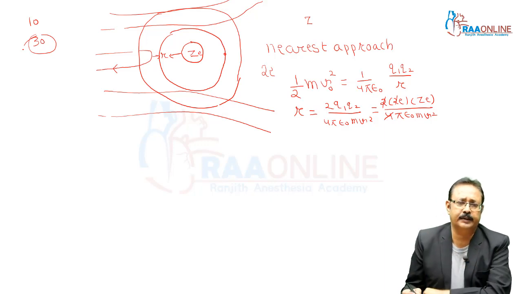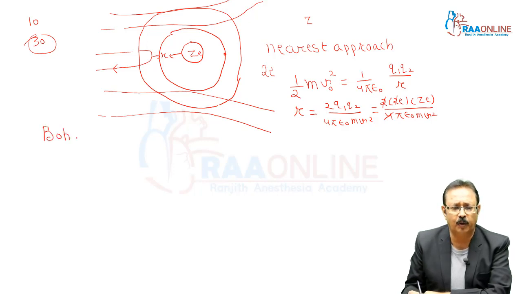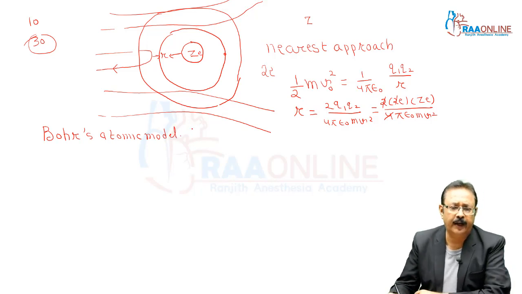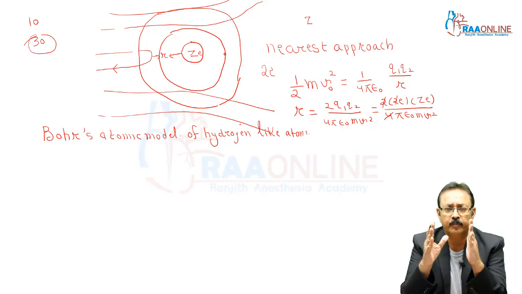Now we are moving towards Bohr's atomic model. Very important. You will get 90% of problems from the Bohr's atomic model of hydrogen-like atoms. Maximum problems, 90% you will get from this portion.